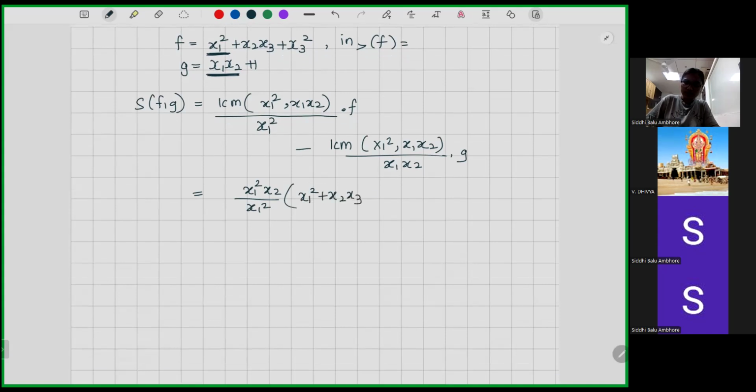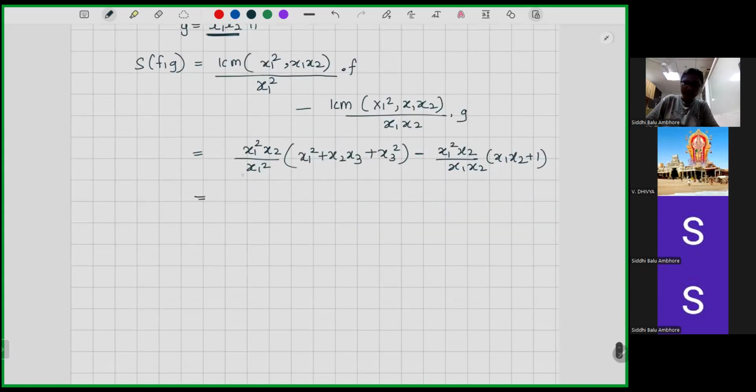square plus x2 x3 plus x3 square, minus here again x1 square x2 divided by x1 x2, times x1 x2 plus 1. So x1 square the gets cancelled and it is x1 square x2 plus x2 square x3 plus x2 x3 square, minus now here I get x1 square x2 plus, only x1.